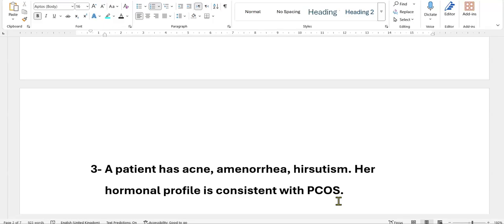And always, if you feel like you are not able to explain the condition, you can use this phrase: it is a condition that affects your ovaries. What happens in these ovaries? The ovaries are not working well.